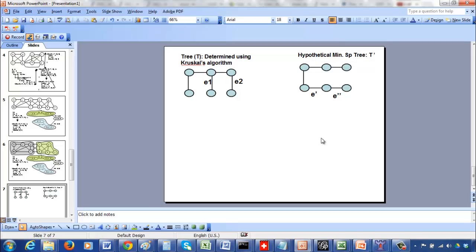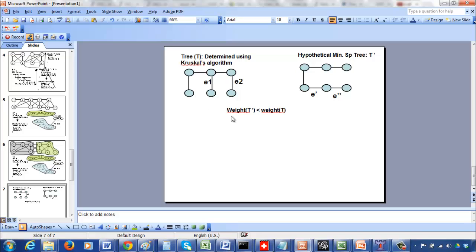That there is a hypothetical minimal spanning tree, say T prime, such that the weight of T prime is strictly less than the weight of T. So the weight of this hypothetical minimal spanning tree is strictly less than the weight of the spanning tree that Kruskal's algorithm gives to us.